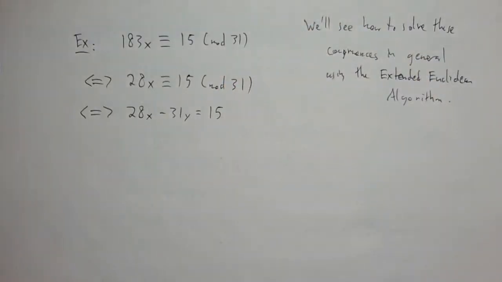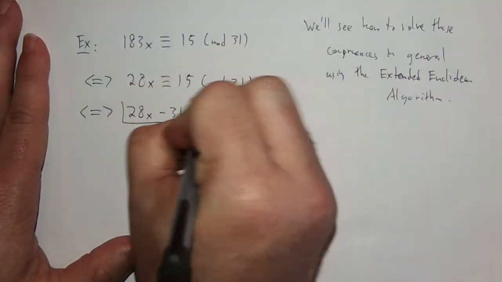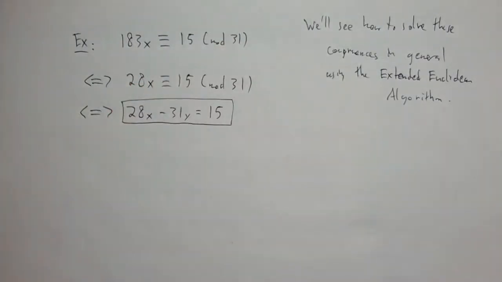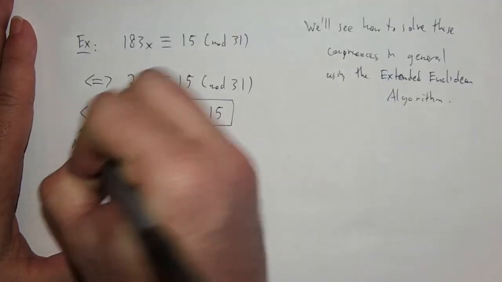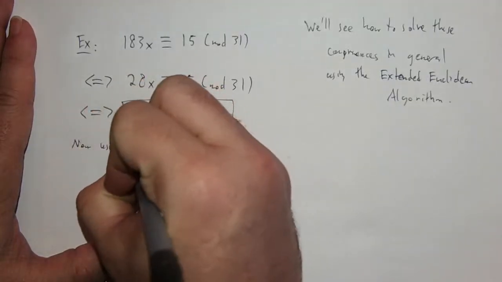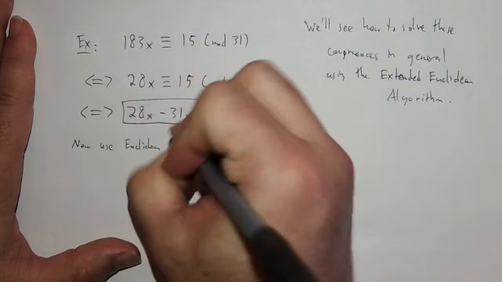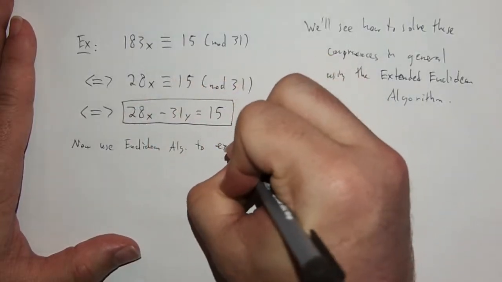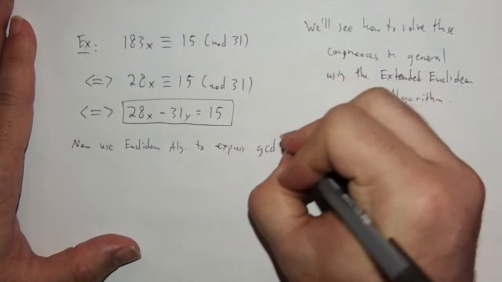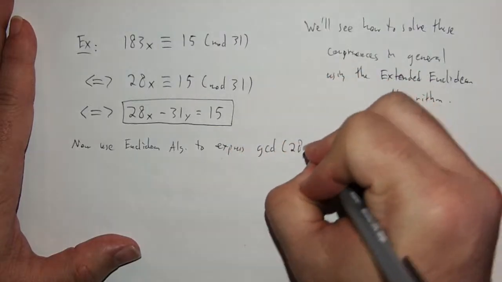And so now I want to solve this linear Diophantine equation. How do I do that? Well, the first thing is I look at the GCD of 28 and 31. So now use the Euclidean algorithm to express the GCD of 28 and 31.